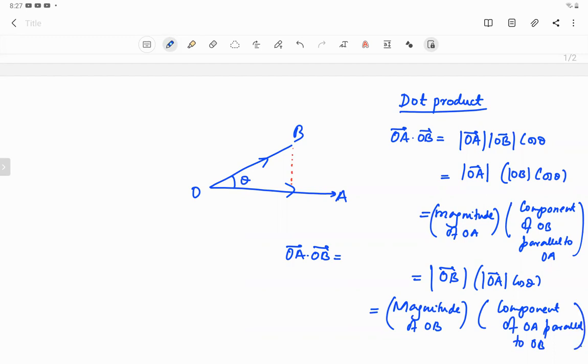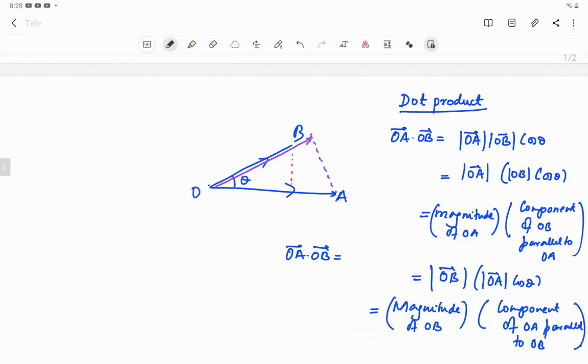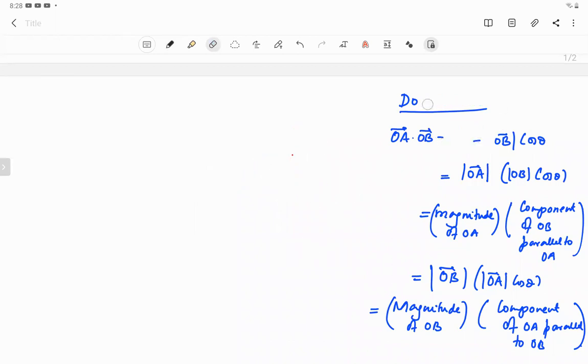And now if we think like this, then we can calculate that this purple line is the component of OA parallel to OB. So what we can do is that we can multiply the length of this purple line to this black line, okay? And we will get the dot product. This is how we calculate the dot product, and this is how we understand the dot product, okay?